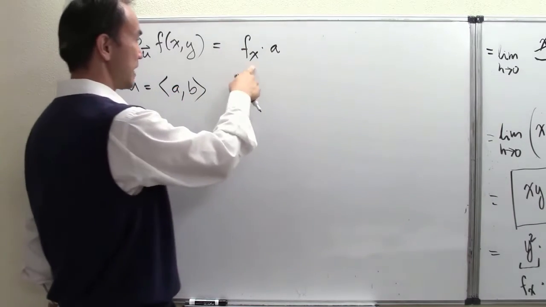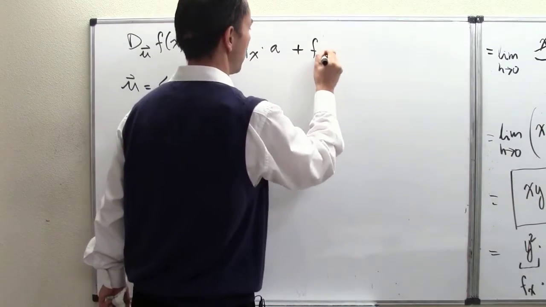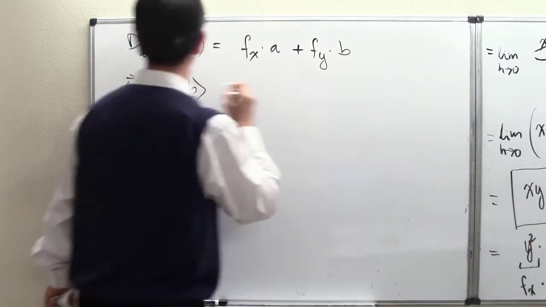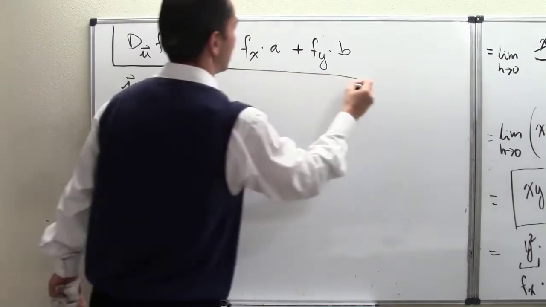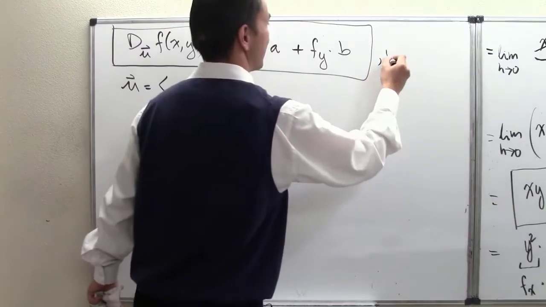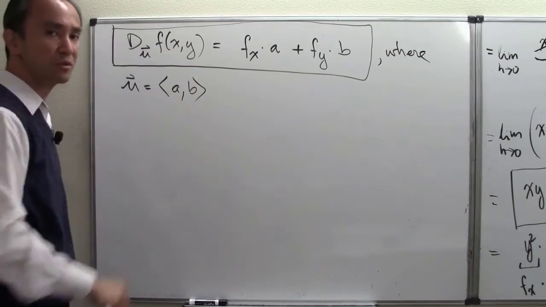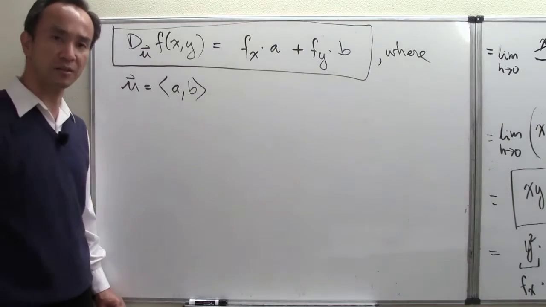So now it's just f sub x times a plus f sub y times b, where the vector u has these two components.